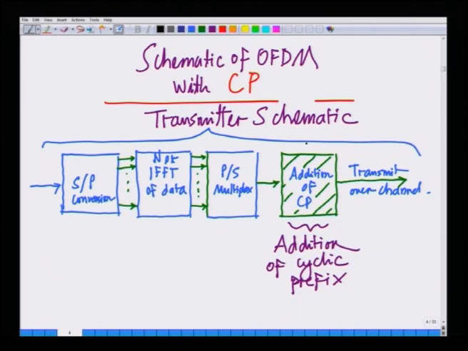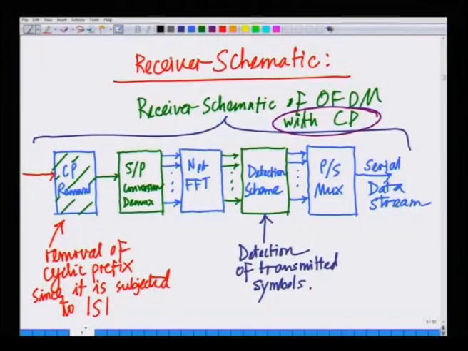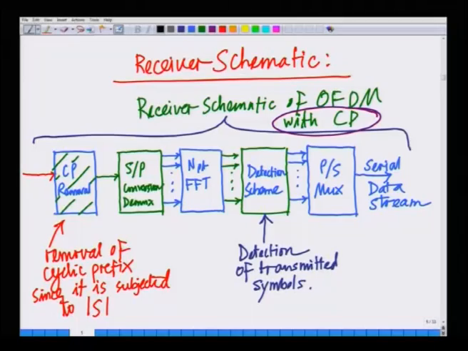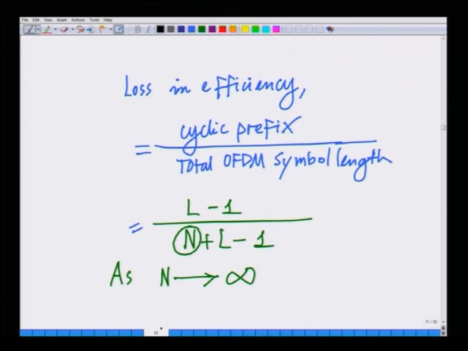That is, we need to prefix a string of symbols in front of the OFDM symbol to avoid inter OFDM symbol interference, and at the receiver we remove the outputs corresponding to this cyclic prefix, and we also add a block for the detection of the symbols corresponding to each subcarrier before converting them from parallel to serial and passing this data onto the higher layers.